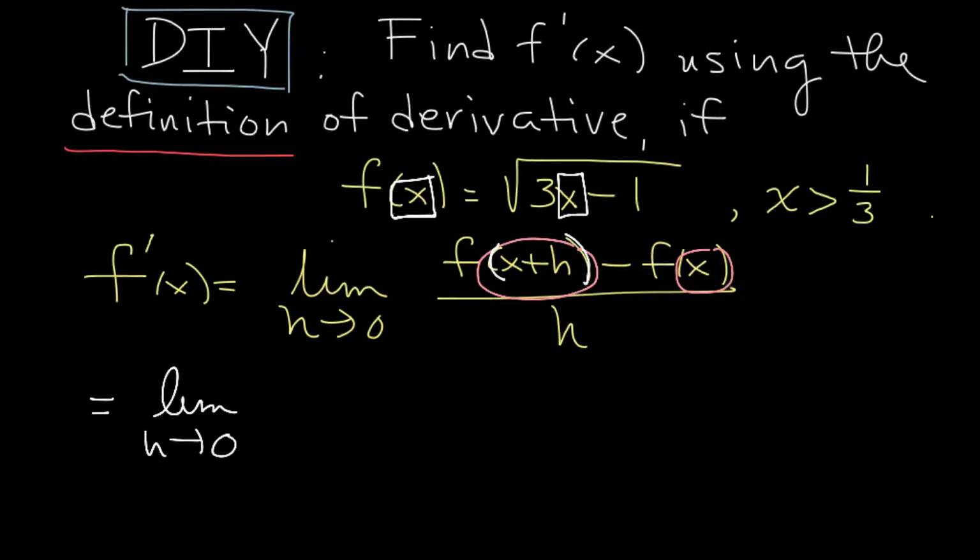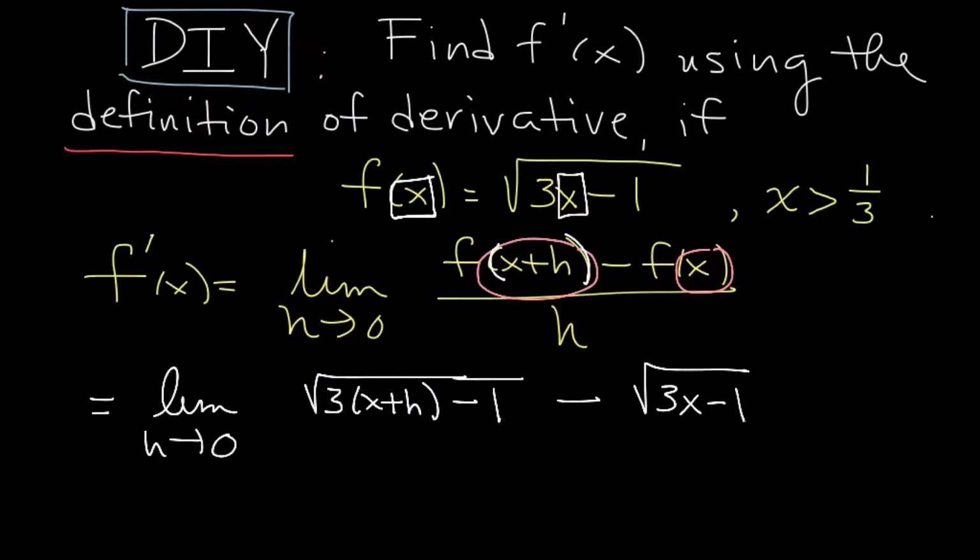So this is going to give us the square root of 3 times x plus h, that whole quantity, minus 1. That's f of x plus h, minus just f of x, which is the square root of 3x minus 1, all over h.